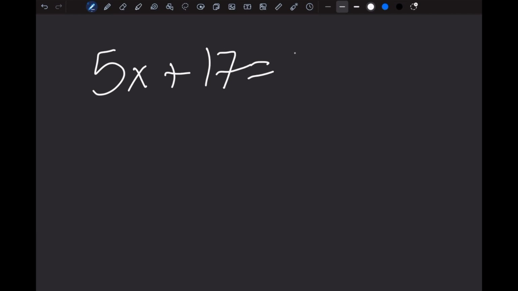Now, when you get into some of the more complex problems, we won't get too complex, but let's say we threw in 5x plus, say, 17 is equal to 23. So when we do this here, we still isolate the x. So we do everything not attached to the x first.